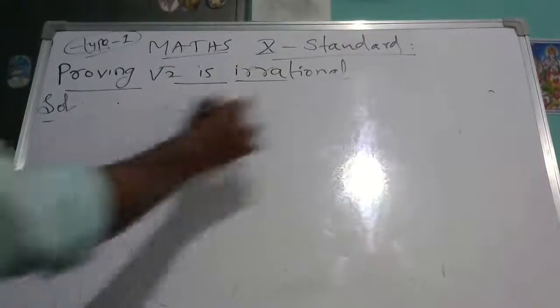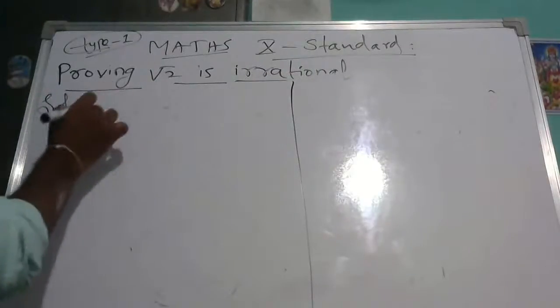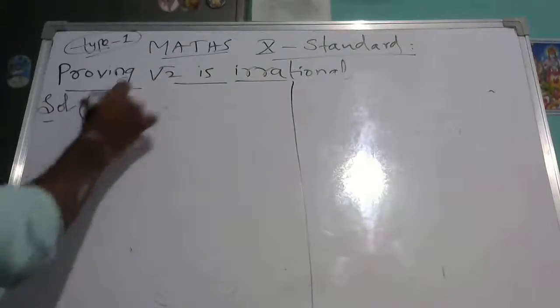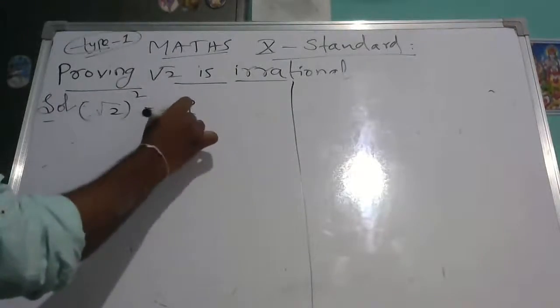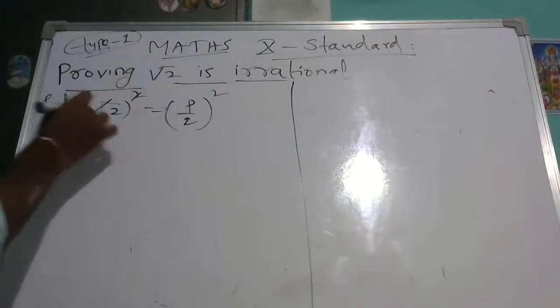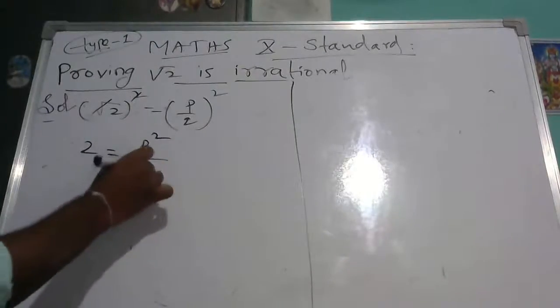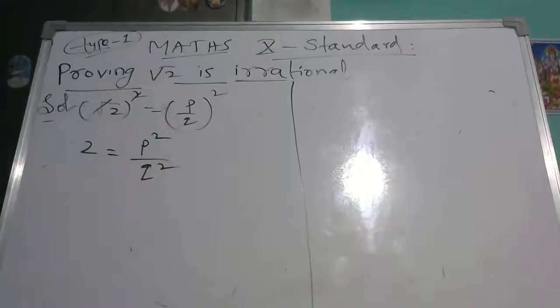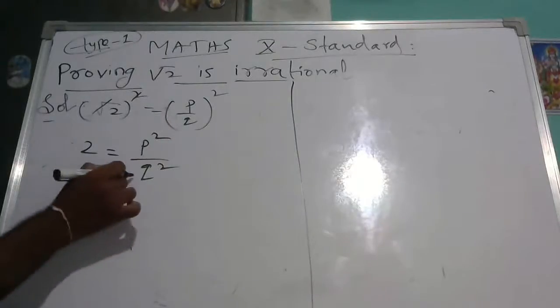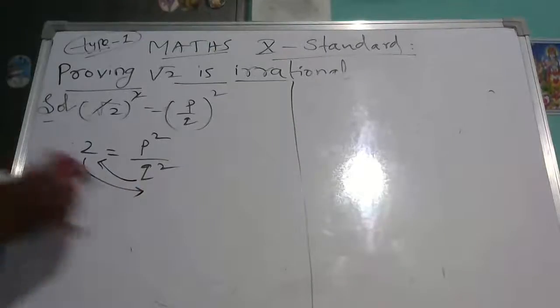So the previous step is root 2 whole square is equal to p by q whole square, isn't it? Now the square and square root cancel. So 2 is equal to p square by q square. Now send q square to the LHS and 2 to the RHS.